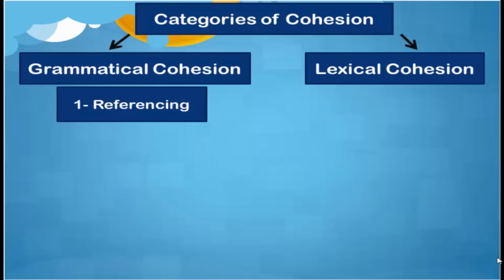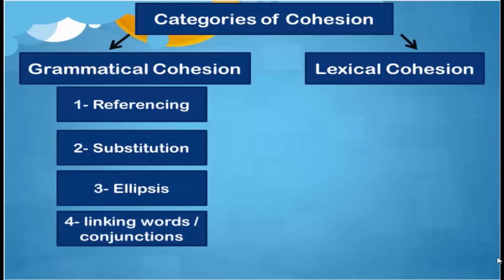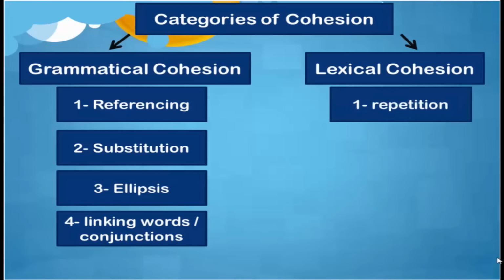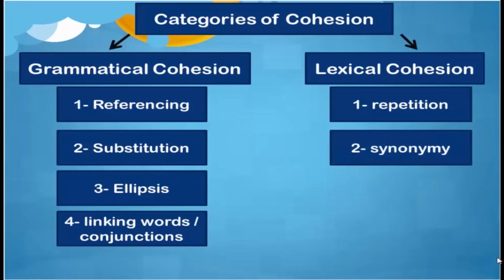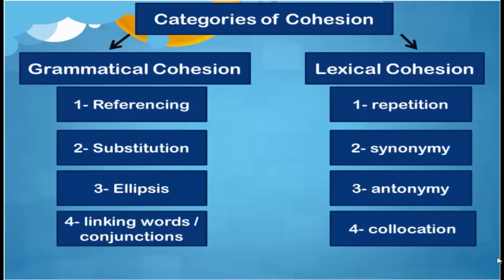There are 4 points under grammatical cohesion: referencing, substitution, ellipsis, and linking words or conjunctions. For lexical cohesion, we have also 4 points: repetition of the same word, a word and a synonym to the word, this is synonymy, a word and the opposite meaning of the same word, this is antonymy, a word and another which come together all the time, and this is called collocation.